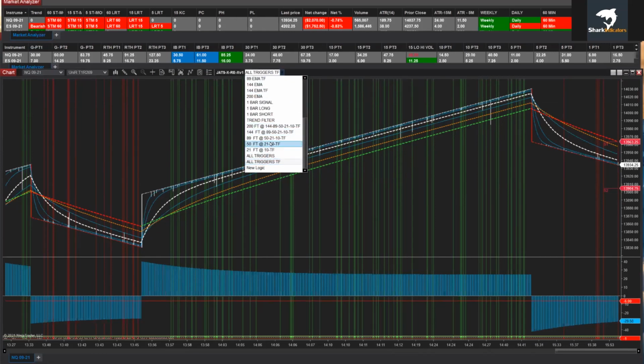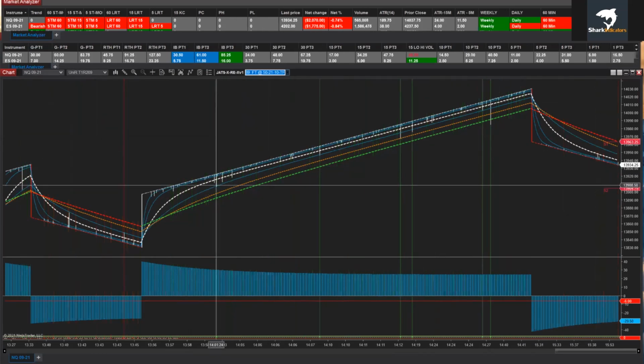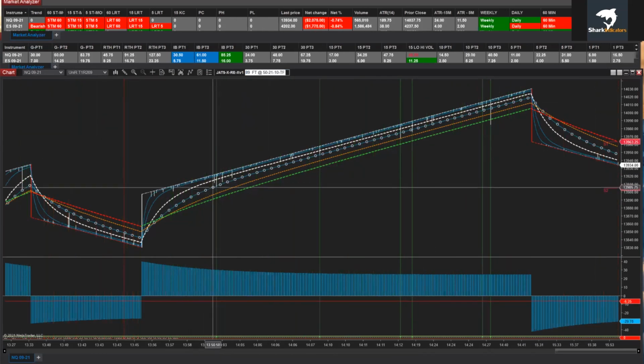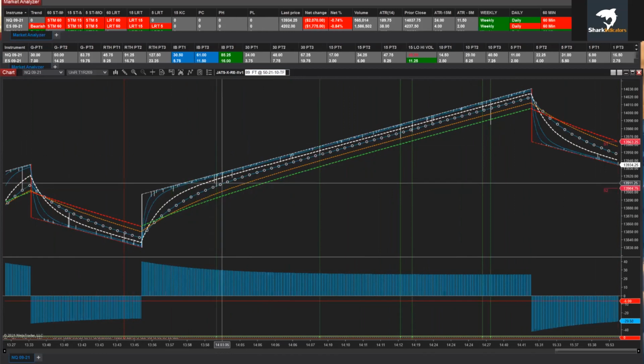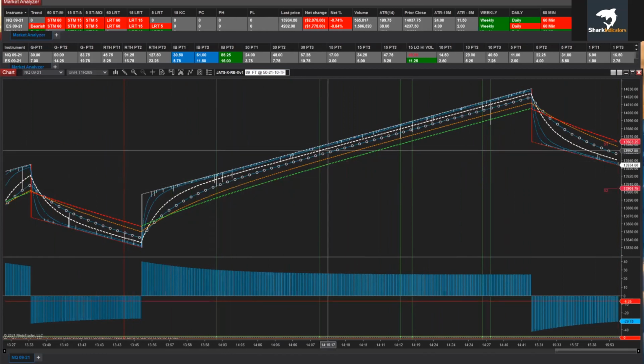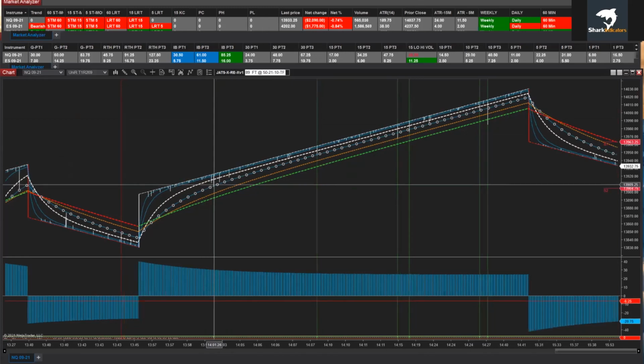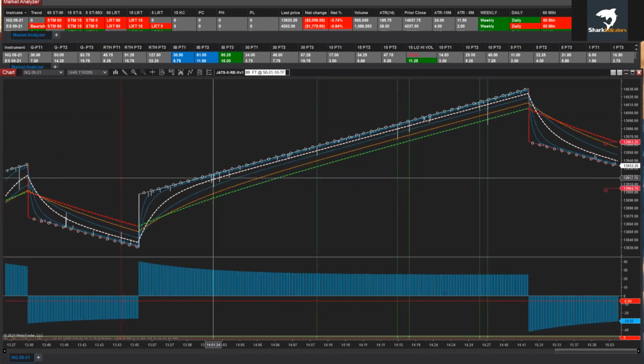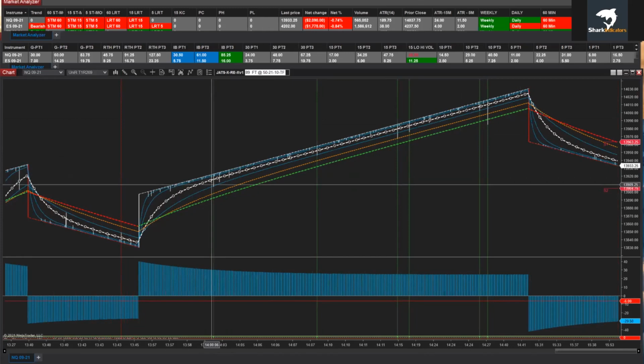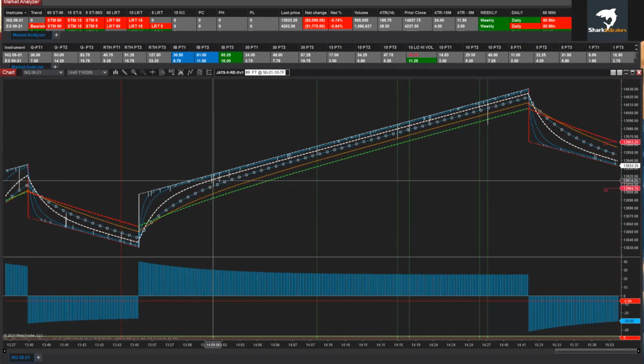So for instance, if you want to wait for the trade to get to, for instance, this 89 EMA as a requirement to start taking the trades, you can execute when it gets to the 50 from the first hit of the 89 and then take the trade at the 50.